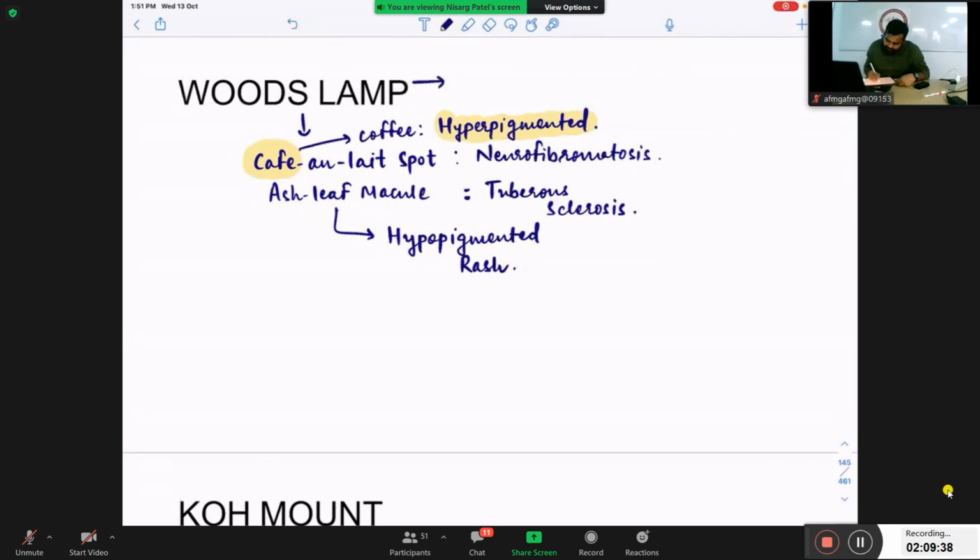In Wood's lamp, we use 365 nanometer wavelength. The light used in Wood's lamp is 365 nanometer.